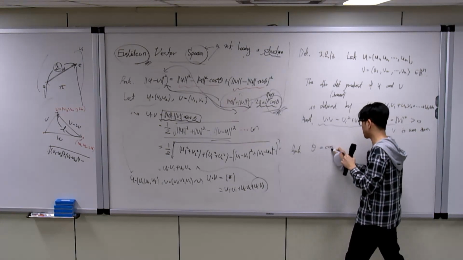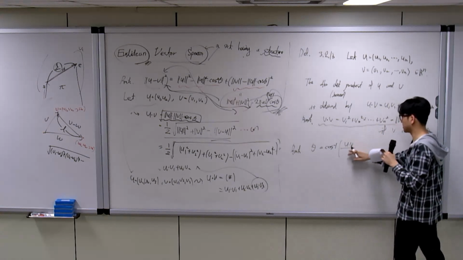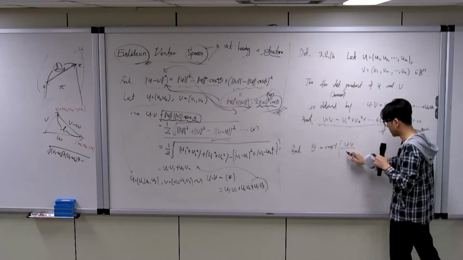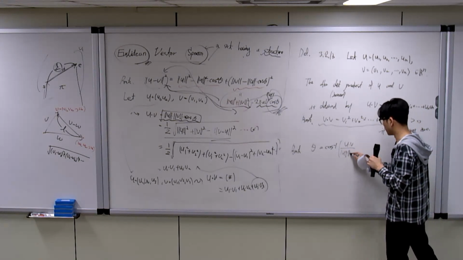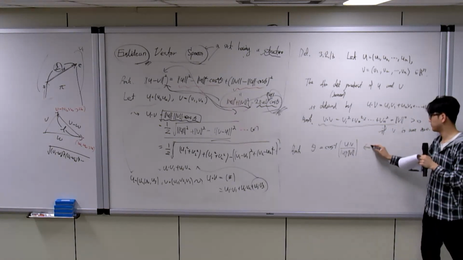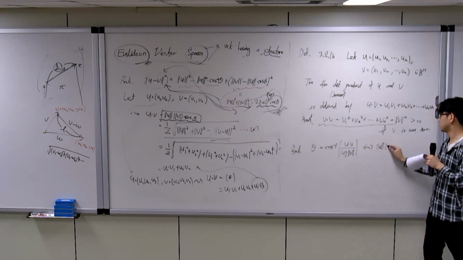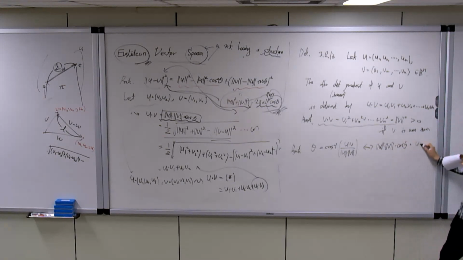The cosine theta will be written as the inner product of u and v over norm u norm v. It is the same as saying cosine theta is the inner product of the unit vectors u and v.